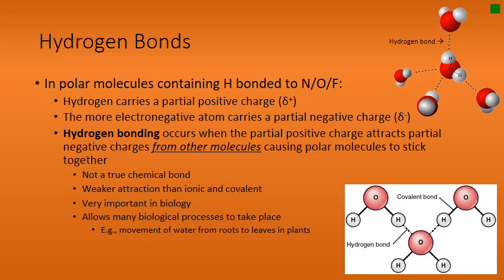This is what chemists call an intermolecular attractive force. Intermolecular. It is between two molecules, not within the molecule. This force is not as strong as a covalent bond, and it's certainly not as strong as an ionic bond. But it does allow polar molecules to stick together.